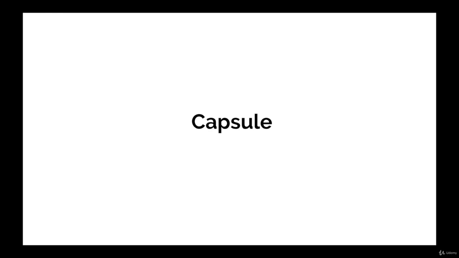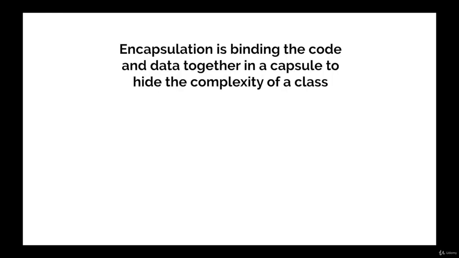Encapsulation in a similar way is binding the code and data together in a capsule to hide the complexity of the class. In this example, the class Account does the job of encapsulating the data members and the method into a single unit.